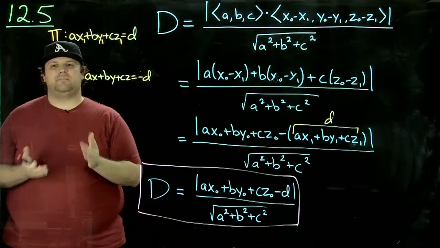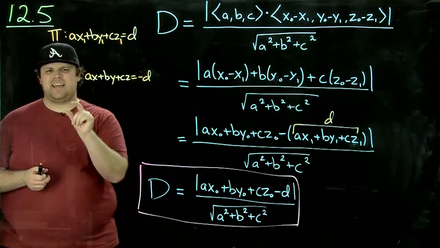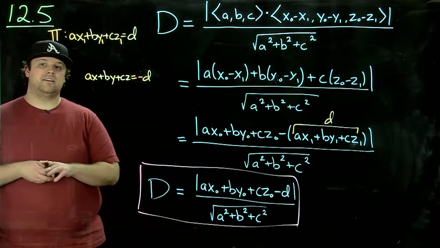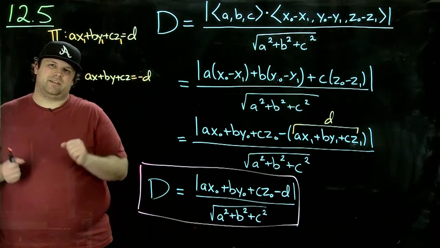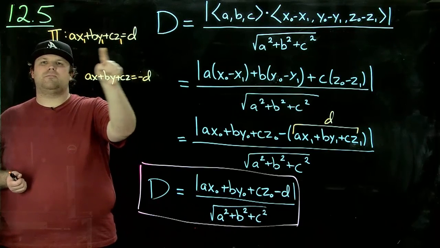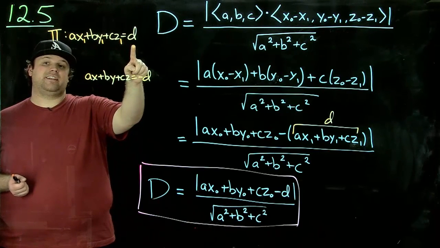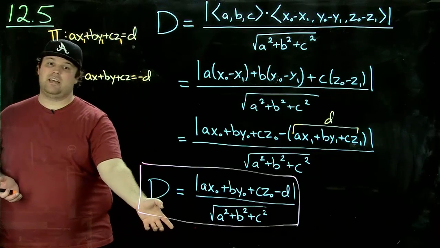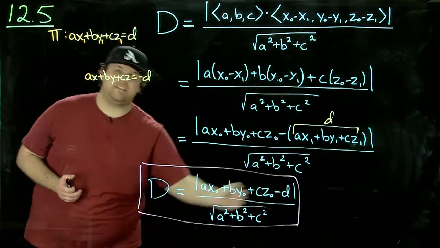And I'll admit that does make this formula look a tad bit nicer because this minus is now a plus. But there's not really much of a difference. And you're more likely to see the equation of a plane like this anyway. So we'll keep this formula here with our little minus.